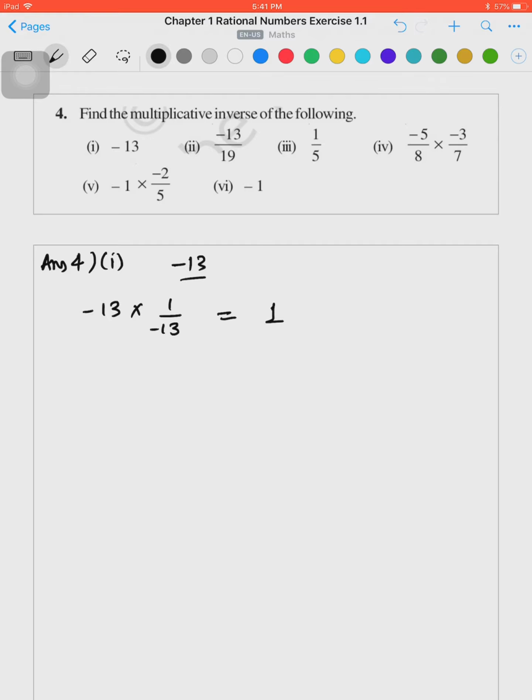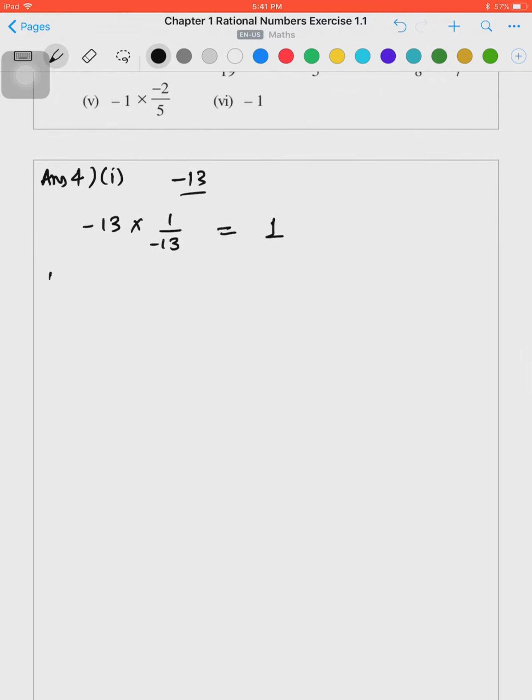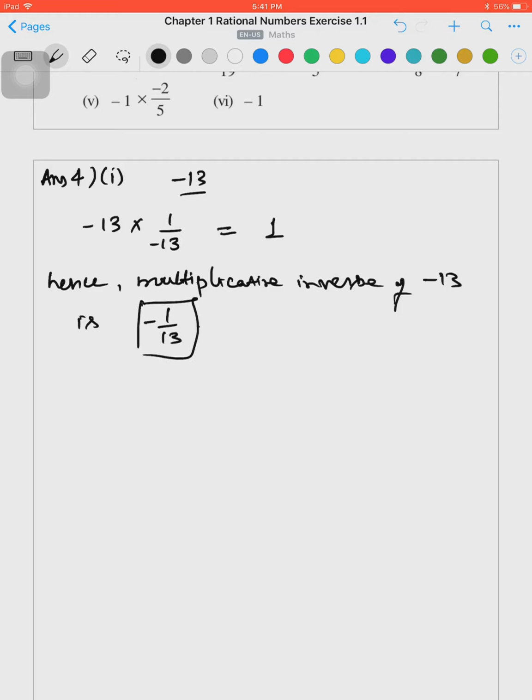So you can write, hence the multiplicative inverse of minus 13 is minus 1 by 13. Okay, so this is the number which when multiplied to the original number will result into 1.